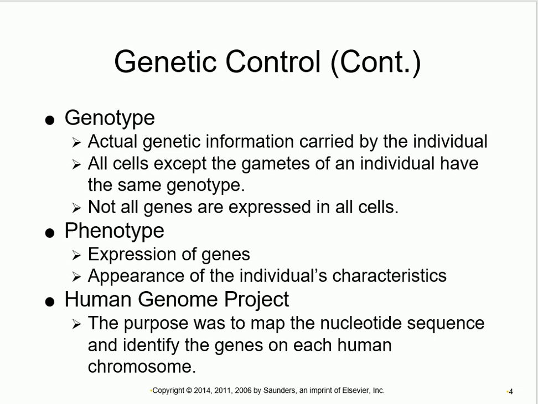Each one is identical. Not number 23. 23 is different from person to person, males or females. So you have the same set of genes in your cells? Yes. But not all of them will be expressed. Some chromosomes have genes that will be expressed and some others will not.